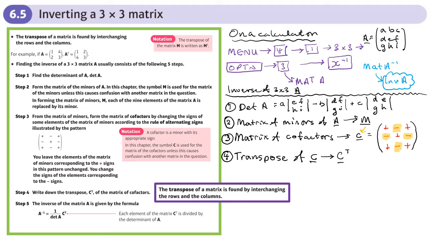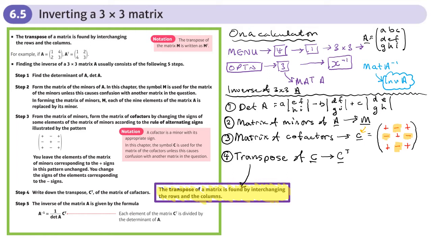And how do we find a transpose? It's actually written here. The transpose of a matrix is found by swapping the rows and columns. So the first row becomes the first column, the second row becomes the second column, and so on.